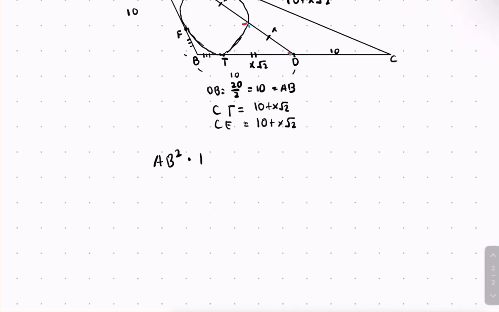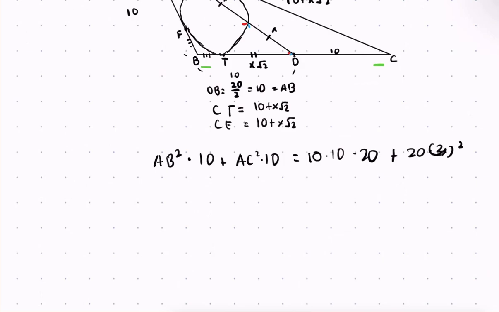AB squared times 10 plus AC squared times 10 is equal to 10 times 10 times 20, because we're doing the BD, DC, and then the whole BC, plus AD, which is 20 times 3x squared. And this will give us AB squared plus AC squared is equal to 200 plus 18x squared, because we just divided both sides by 10 and simplified.